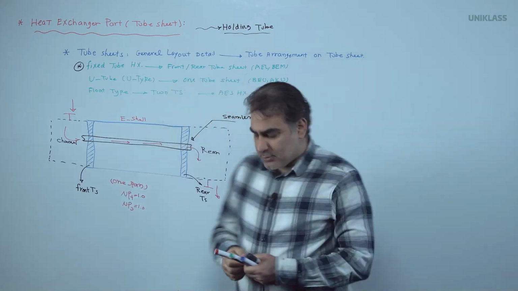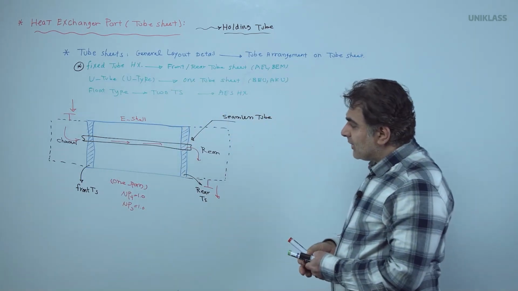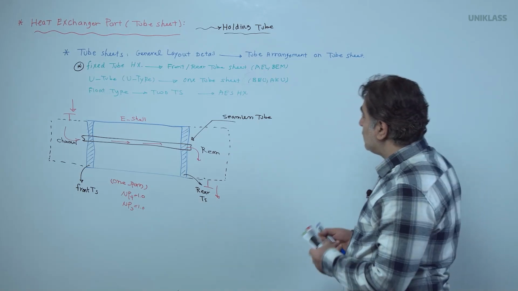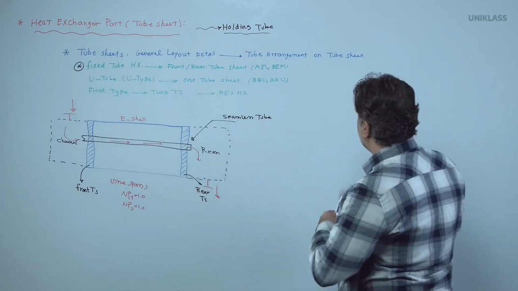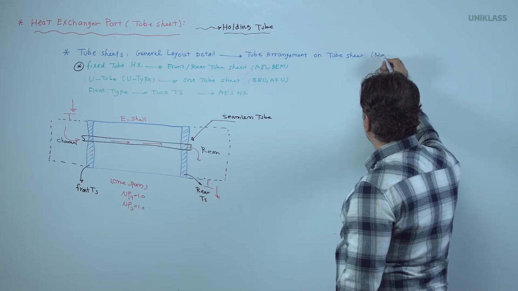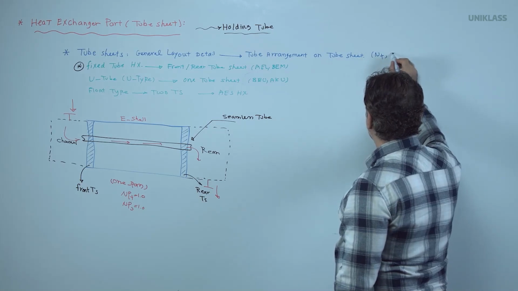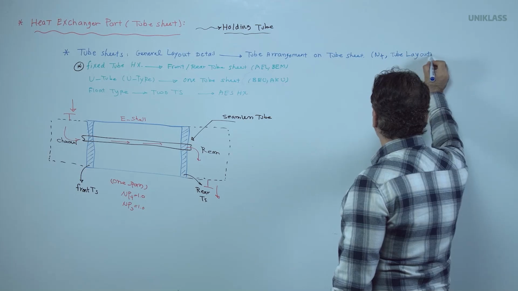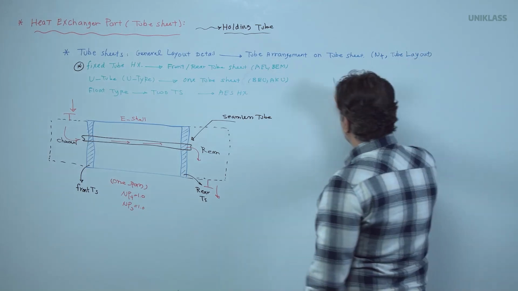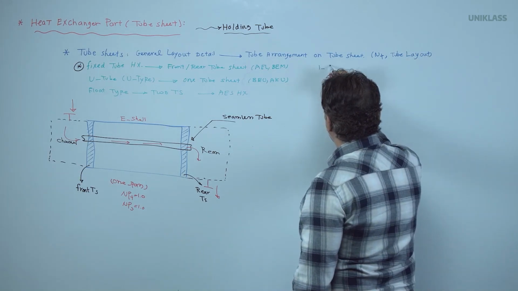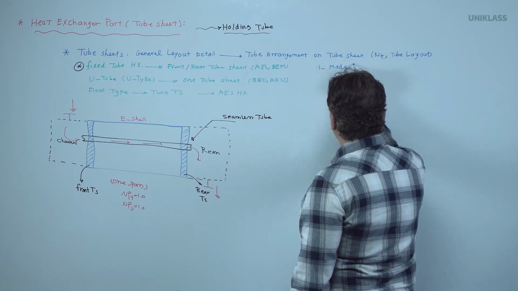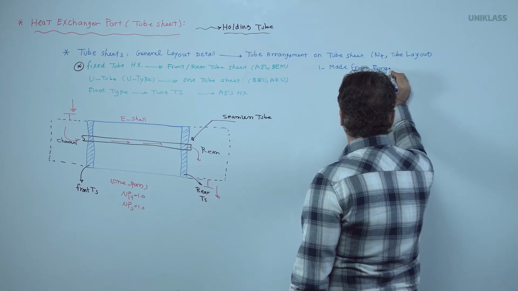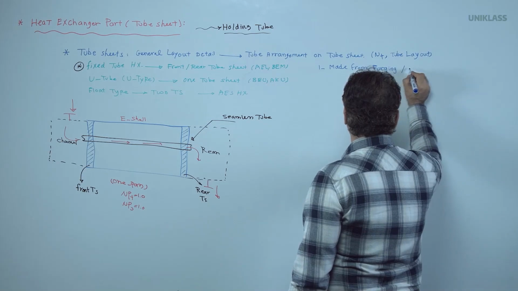The thermal engineer tries to find the dimension and arrangement of the tubes on the tube sheet. Therefore, tube arrangement tells us the number of tubes and the tube layout. Mechanically, the tube sheet is made from forging or plate.